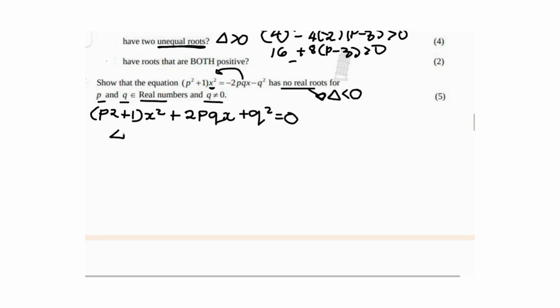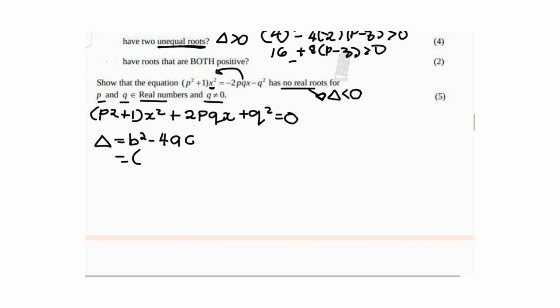Now we want to show that it has no real roots. We want to prove. If you prove, you just substitute on your delta and see if you get a negative value. If you do get a negative value, it means it has no real roots. So whenever you're proving, you substitute on your delta and check if you have proven.